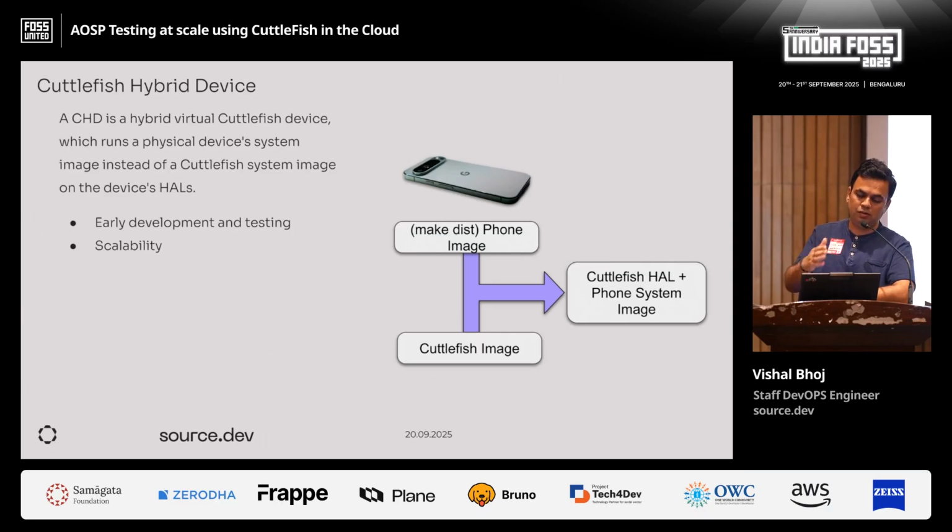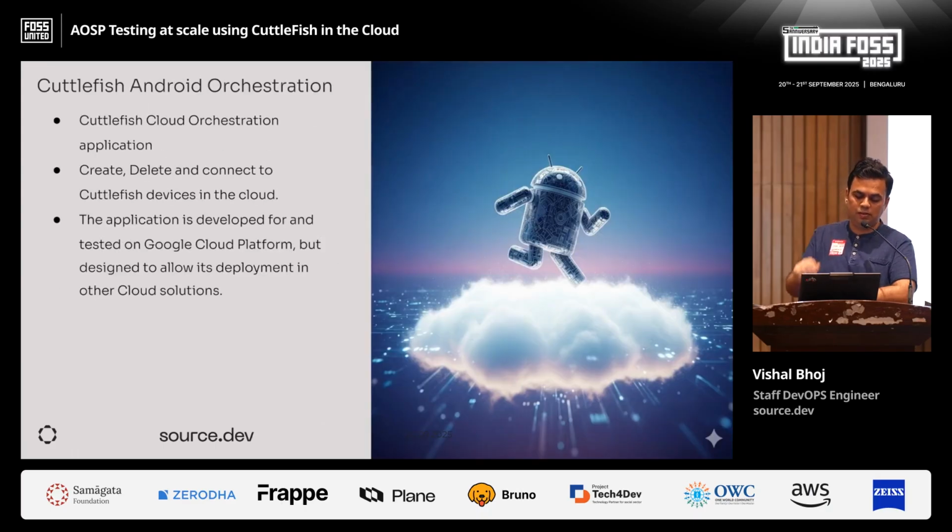If you take a Pixel phone, the software stack that you're running with all the custom UI is quite different from what you build from AOSP. So you can take that image, merge it with Cuttlefish, and run it on a Cuttlefish instance. This is how Google also uses this Cuttlefish hybrid device for development and scalable testing of the changes that are just associated with framework related stuff on the phone.